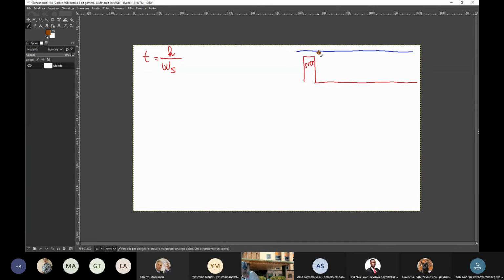So what is the trajectory? The trajectory is this one, okay? And the velocity of sedimentation is Ws. So if I divide this depth h by Ws, I get the time that is required for the particle to reach the bottom of the sand trap.